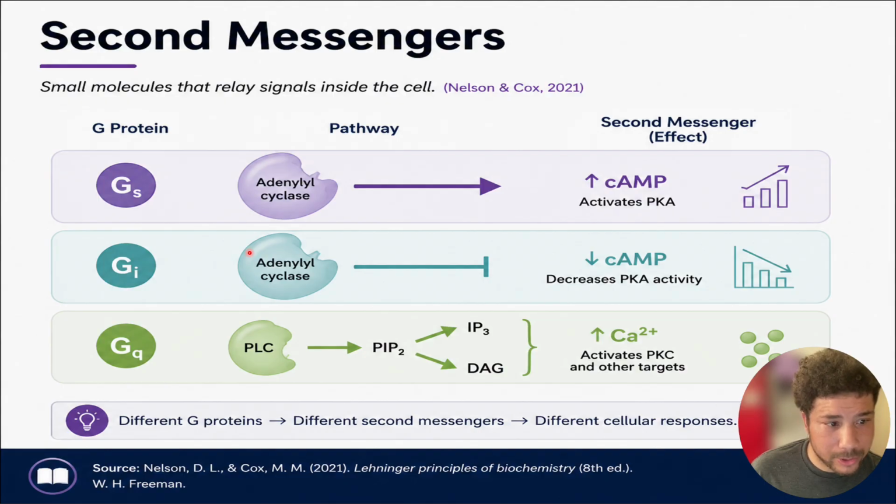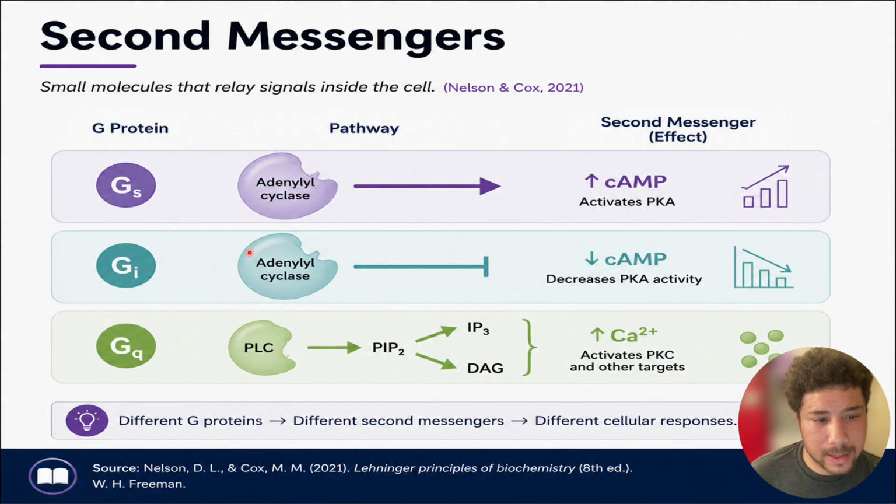The third pathway is the Gq pathway. Activated G alpha q stimulates phospholipase C beta, usually abbreviated PLC beta. Phospholipase C acts on a membrane phospholipid called phosphatidylinositol 4,5-bisphosphate, or PIP2.